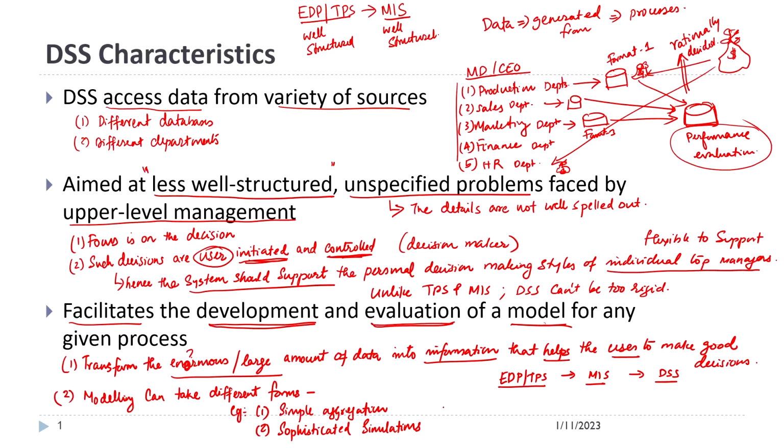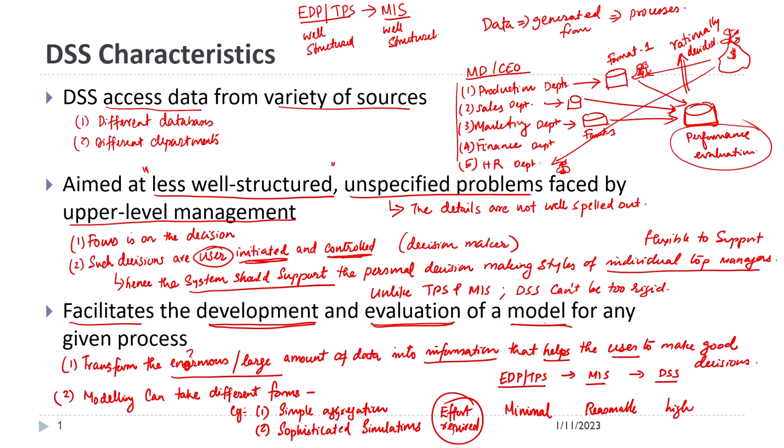And if you look at the effort required for each one of these categories, the minimal effort is required for EDP and TPS, and the MIS requires reasonable, or moderate effort, and the DSS requires high effort, or a large amount of effort, to make these decisions in the appropriate fashion.